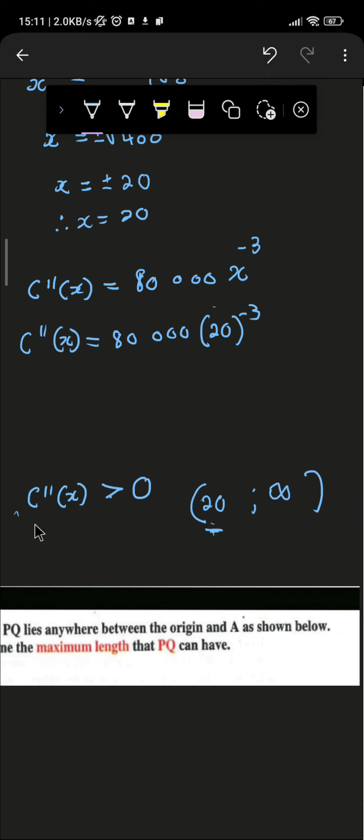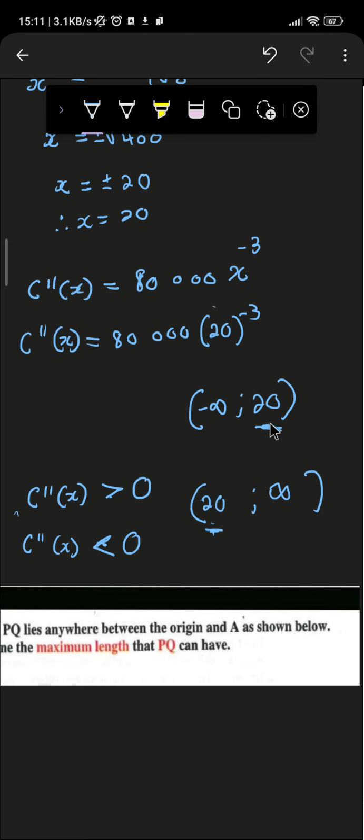But if we derive twice and we get a value that is less than 0, it means we begin at negative infinity up until that value, and here our value is 20. You can see that it is bound there. We are coming from negative infinity until 20.